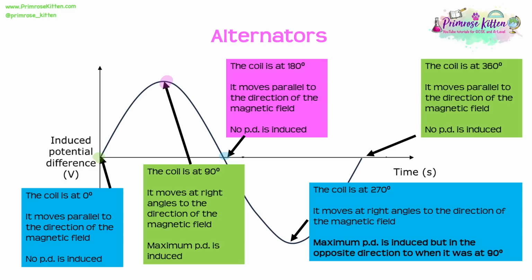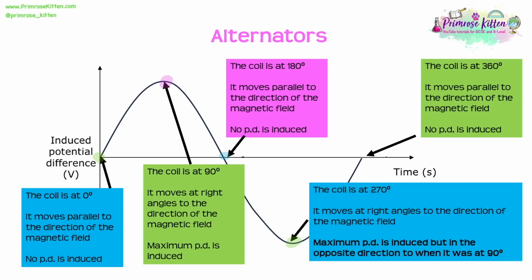Now we get to the next step, 270 degrees. At this position, the coil is moving at right angles, perpendicular to the direction of the field again. So again, we've got this maximum amount of field lines being cut, and so a maximum potential difference being induced. However, it's in the opposite direction, isn't it? Whereas when it was at 90 degrees, it could be left to right, now it might be right to left.